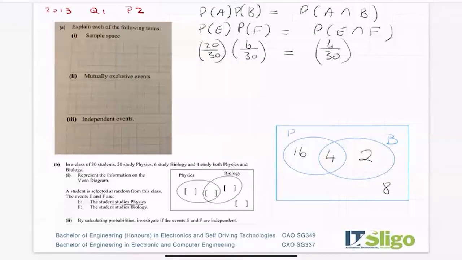So 4 out of 30 first is 2 over 15. 20 out of 30 by 6 out of 30 is 2 over 15 as well. Okay, so these are equal, therefore E and F are independent events.